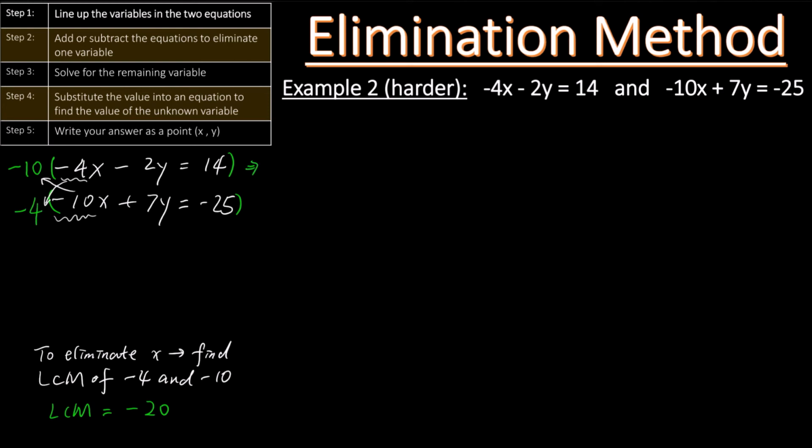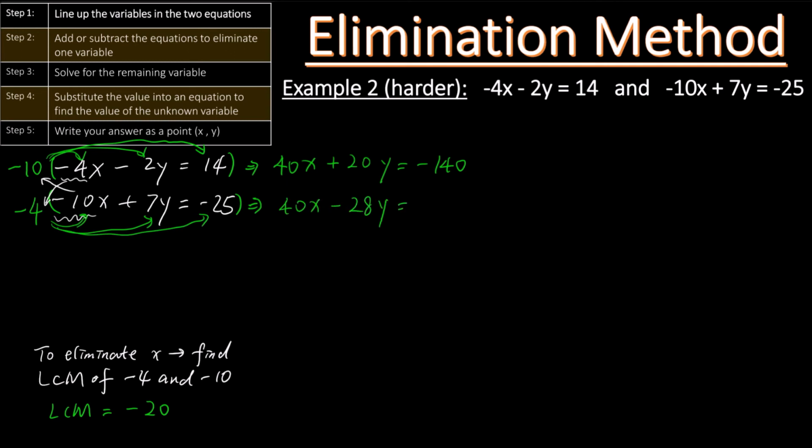In the first equation, we can write 40x plus 20y equals negative 140. In the second equation, we can write 40x minus 28y equals 100. So here, the x in both equations have the same coefficient. From now, we can add or subtract to eliminate the x.